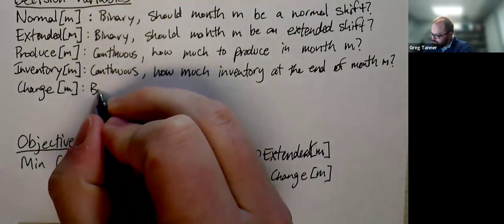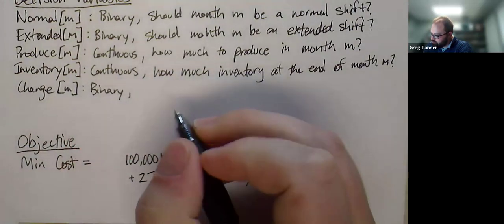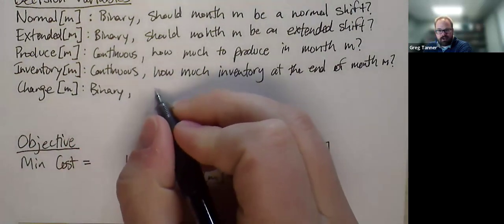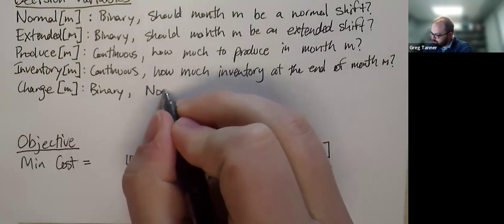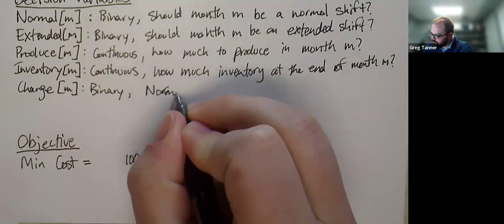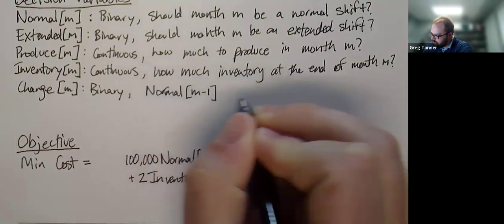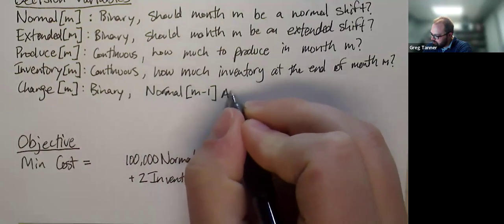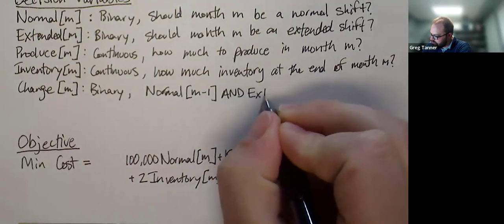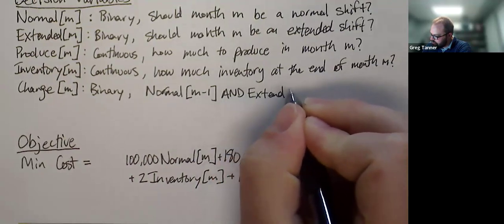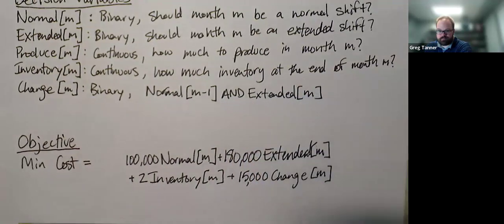So this is binary, and this is essentially a kind of Boolean operation of normal in the previous month and extended in the current month.